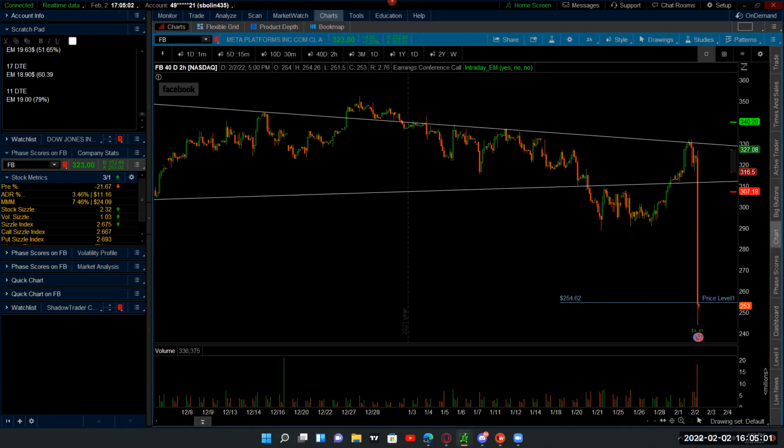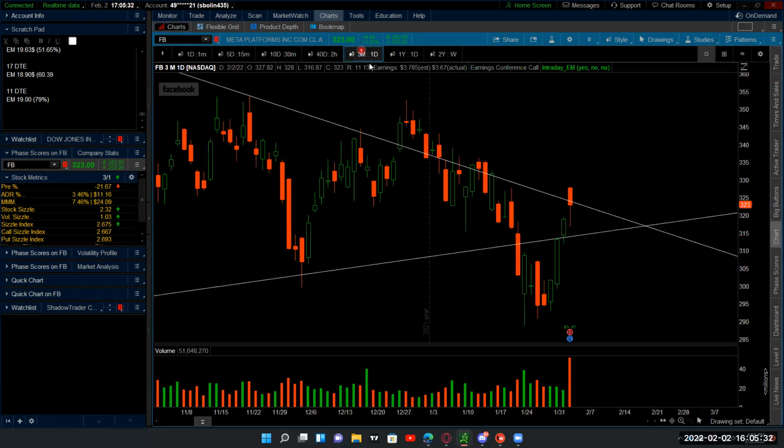So just approach earnings with caution. I know I've seen a lot of people do so. No, my original trade was a butterfly, and the butterfly was completely underwater.